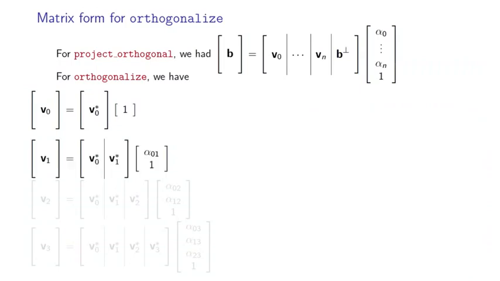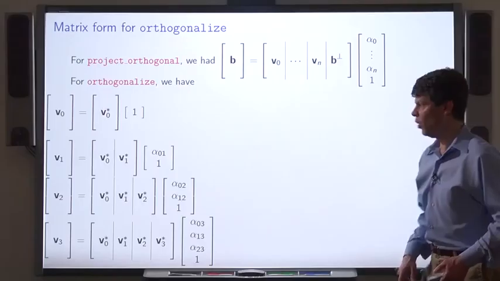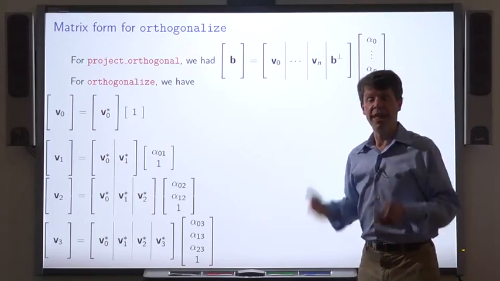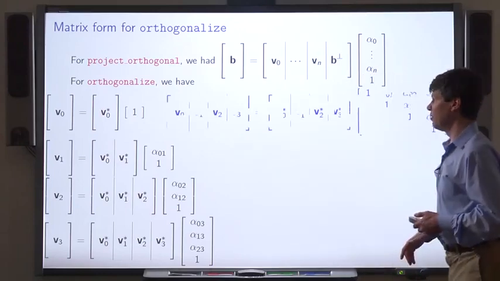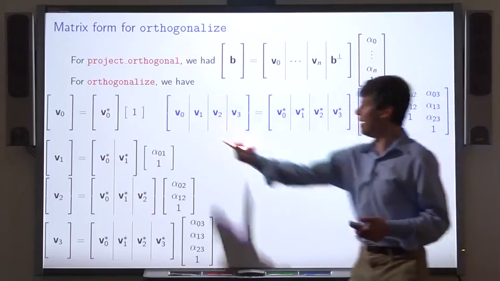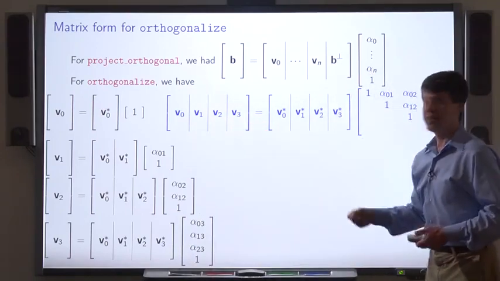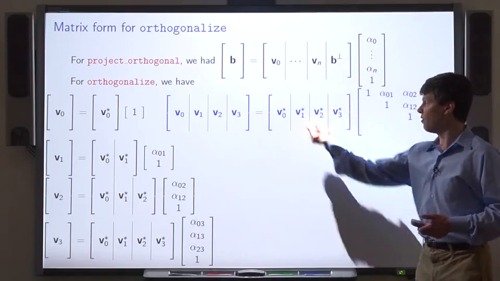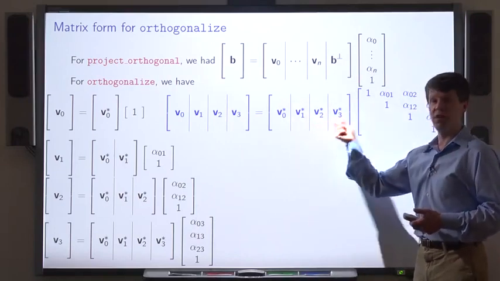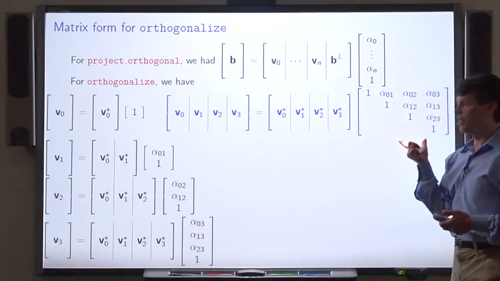V1 is the matrix with V0 star and V1 star as its columns, times this column vector, V2, V3, and so on. We can combine all these equations in a single matrix-matrix equation. The matrix whose columns are V0, V1, V2, and V3 is the product of the matrix whose columns are V0 star, V1 star, V2 star, V3 star, times this matrix.